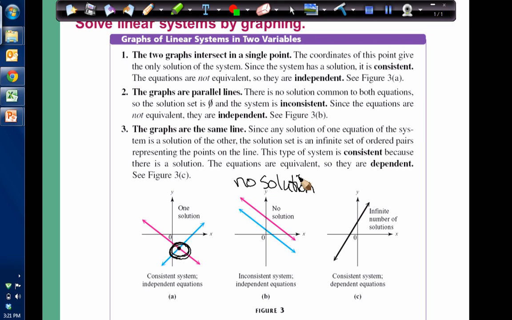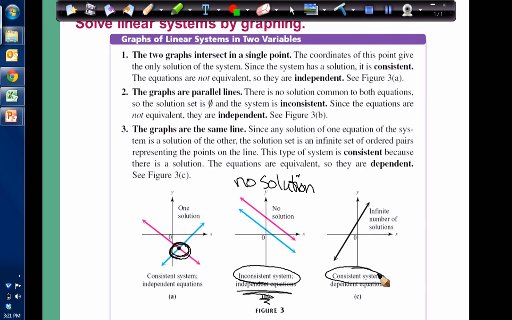for parallel lines. We say the system is inconsistent. That means they don't ever cross, and they are independent equations. In this third case, we graph one line and then we graph the other, and the second one ends up being right on top of the first. So the two lines in essence are the same line. We say we have a consistent system.